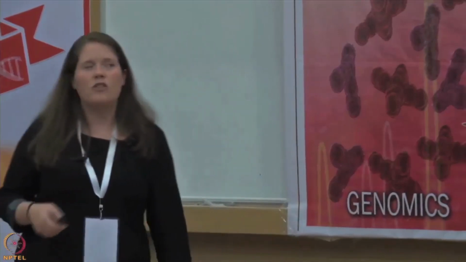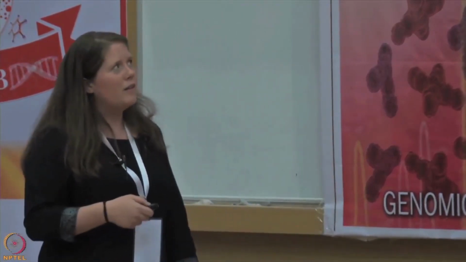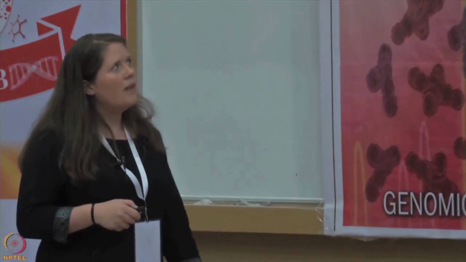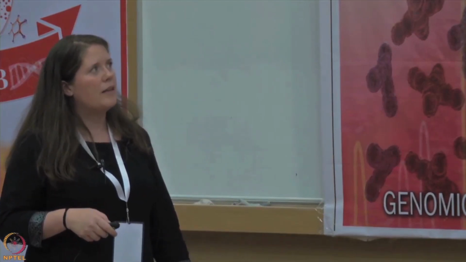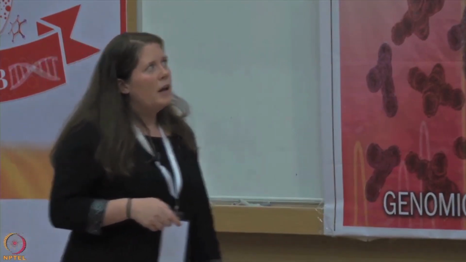Just because we only find 3% doesn't mean that those are the only 3% that make it to the protein level. This was just a way of assessing where we're at in terms of our ability to discover these. And this is just some examples of somatic SNPs that were identified that are cancer related.